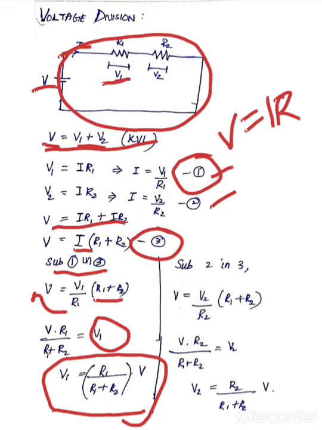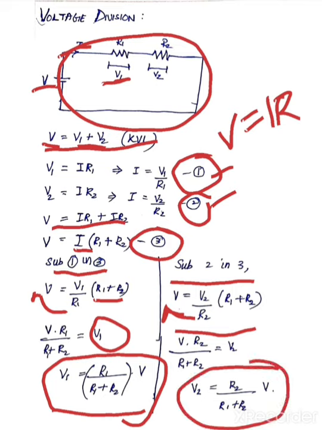Similarly, substituting equation 2 in equation 3, we get V is equal to V2 by R2 into R1 plus R2. Now in the similar way which we did in the previous case, taking R2 to the numerator and R1 plus R2 to the denominator, we get V2 will be equal to R2 by R1 plus R2 into V. Now to remember this formula, this is similar to what we have seen in the previous trick, right?